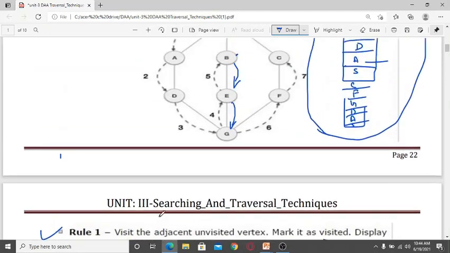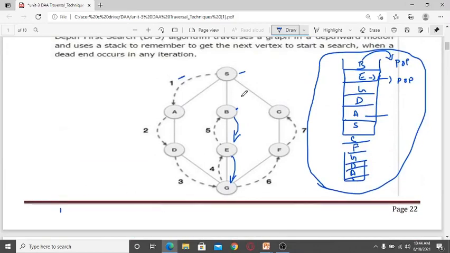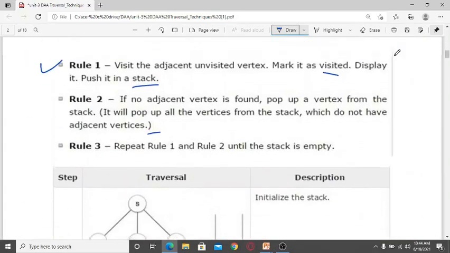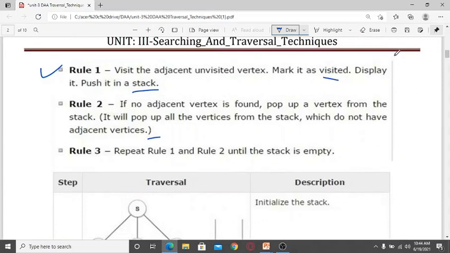Like here, just now we reached B, and from here there is no unvisited adjacent vertex. S is visited, so it does not have any unvisited. At that time we need to do the pop operation. The pop operation is removing from the stack. If this happens to all the vertices with no adjacent vertex, then we need to remove them from the stack.